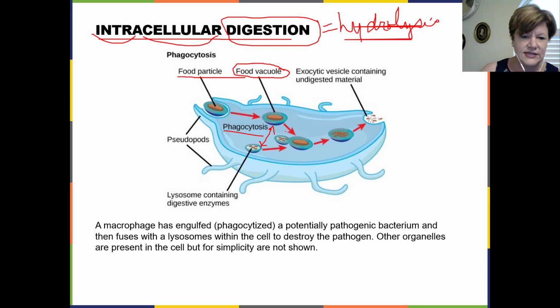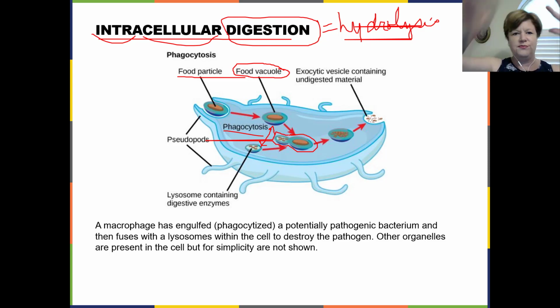And the coolest thing is when the two vesicles fuse, if you get a picture under a microscope, like a micrograph of this at that moment, I'm not kidding, it looks like a hurricane. You know how a hurricane looks when you see the picture from space, like this huge storm?